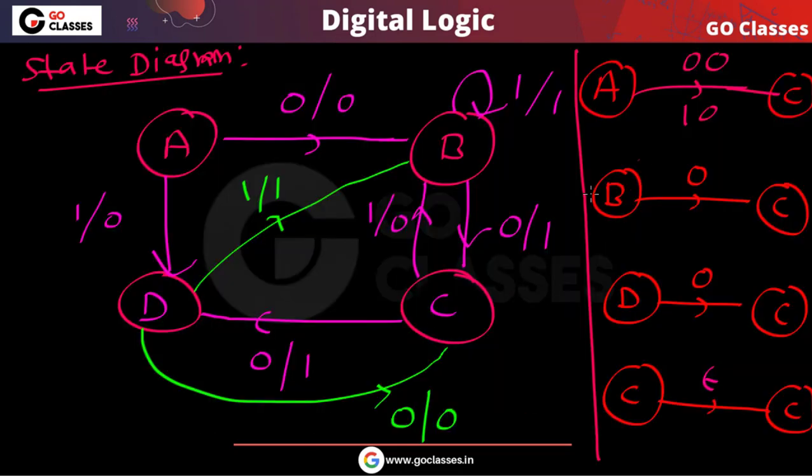Why? Because if the initial state is B, then 1 0 can take you here. And if the initial state is D, then also 1 0 can take you here. If the initial state is C, then also 1 0 can take you here.